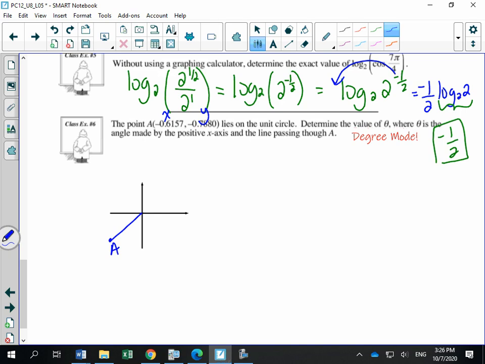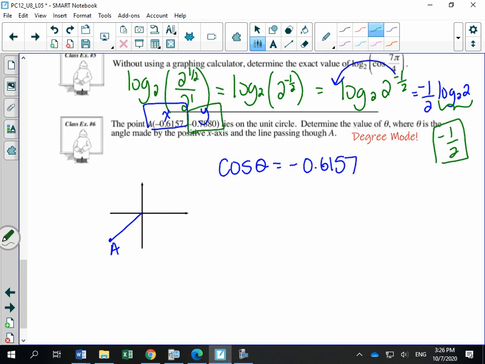Okay, from here, what we could do is a couple of things. We know that this x coordinate corresponds with cos, right? So the cos of theta is equal to negative 0.6157.